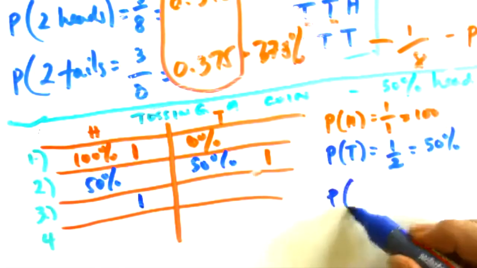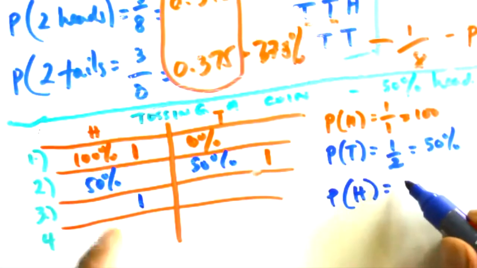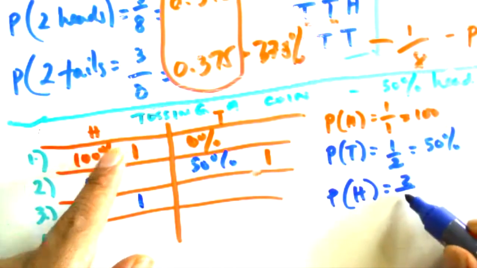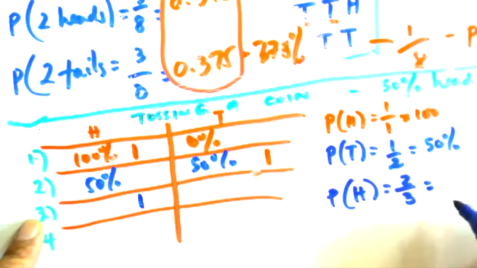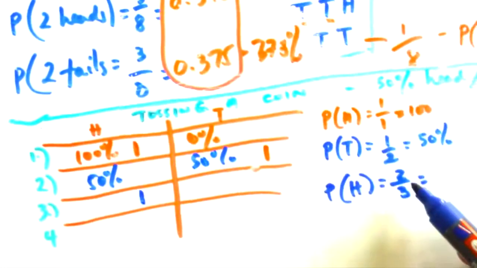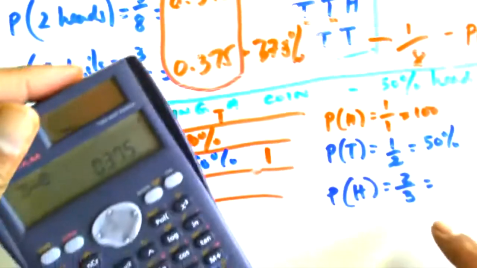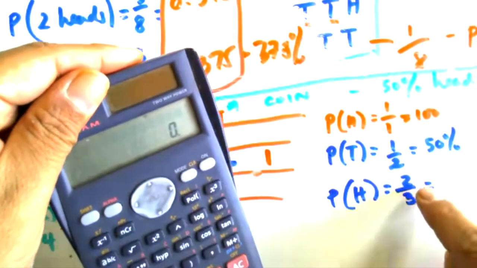So after 3 throws, you have 2 out of 3, and you calculate the percentage.